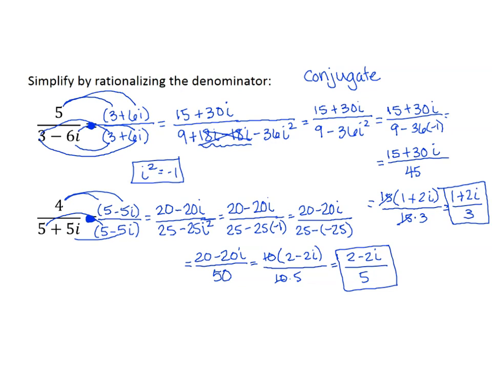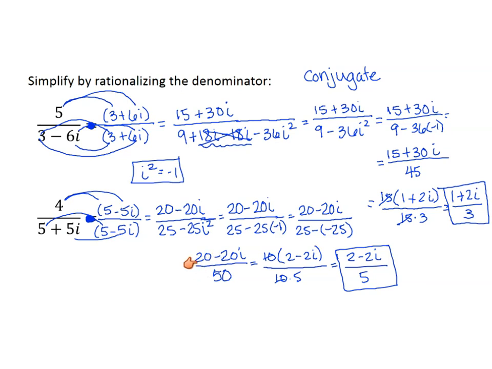Right, so we did the same process here. We multiplied by the conjugate on the top and bottom. We did that so that the outer and inner terms would cancel, which are our i terms, and we'd just be left with this on the bottom. Then we replaced the i squared with a negative 1. We multiplied 25 times negative 1 to give us negative 25. Then when you subtract a negative, it's the same as adding, so we added them together.